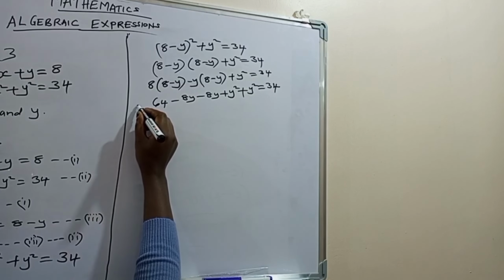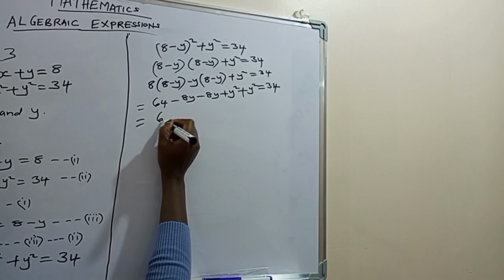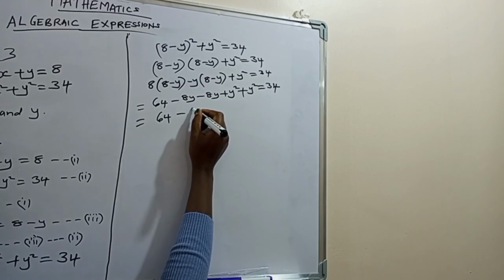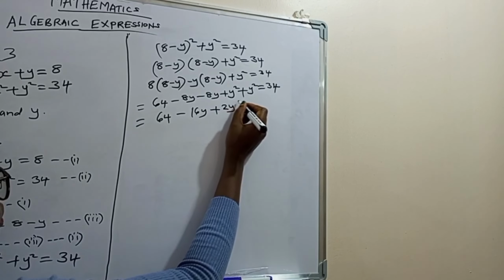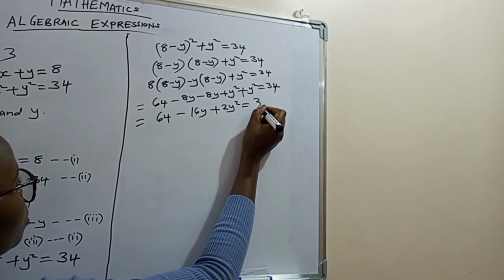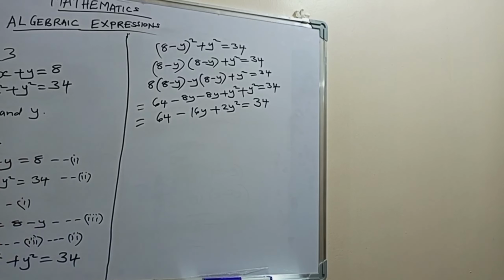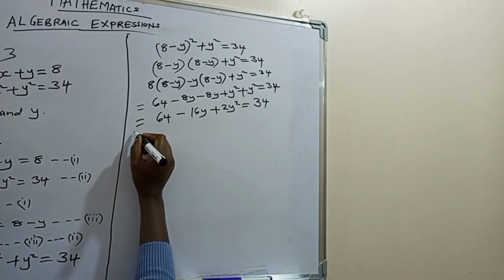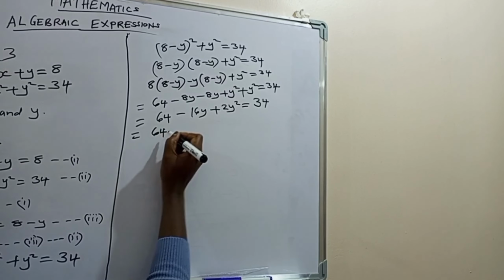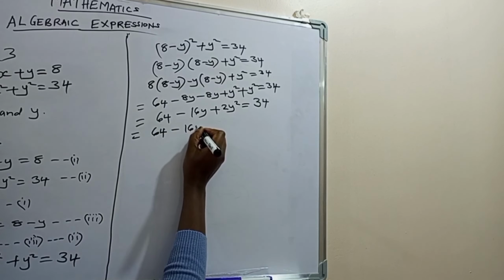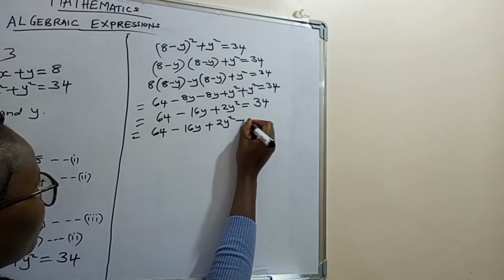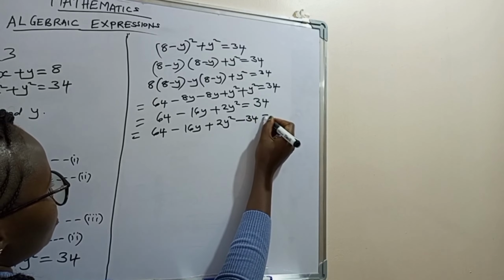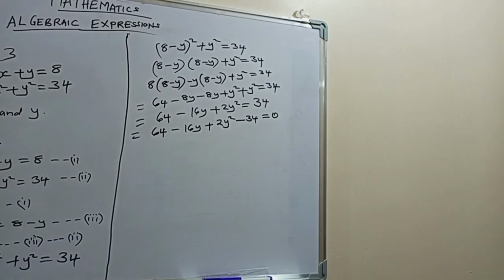So here we get 64 minus 16y plus 2y squared is equals to 34. This is equivalent to 64 minus 16y plus 2y squared minus 34 is equals to 0.